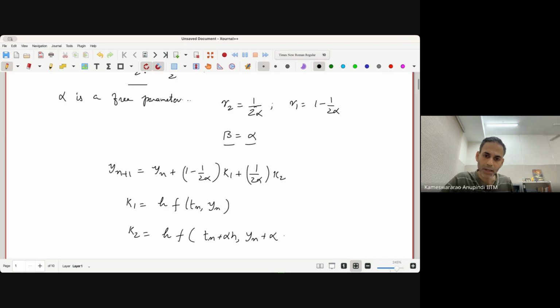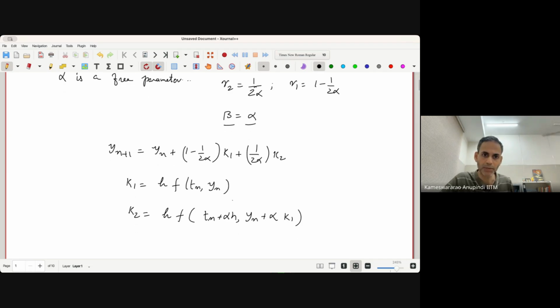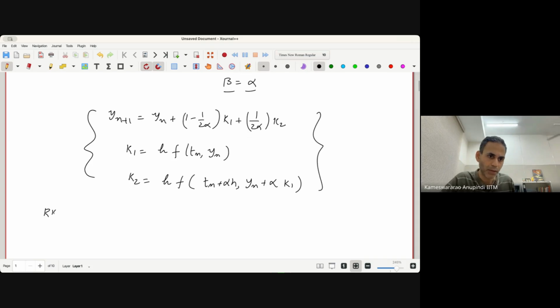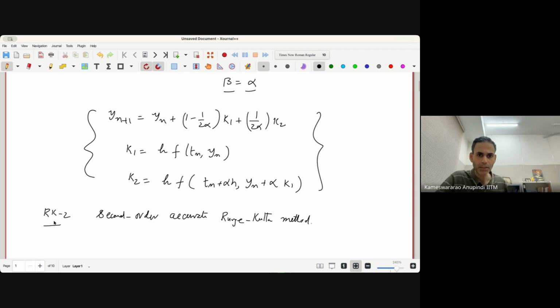Beta k1 is the same as alpha k1. So this is now the RK2 method, the second order accurate Runge-Kutta method. Of course, I have not shown that this is actually second order accurate, which we're going to show in some time.